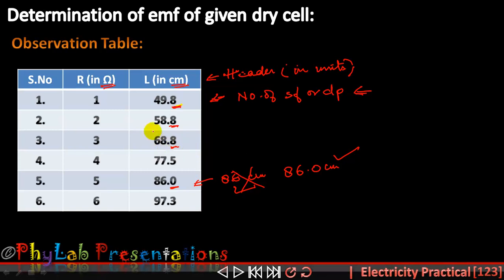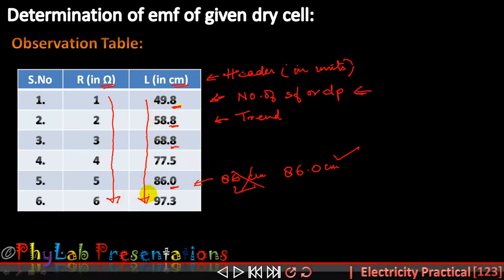The next thing that your examiner is going to see is the trend in the reading. When I say trend, I mean as R is increasing, what is happening with the length? The length also increases. So this is what the trend is.